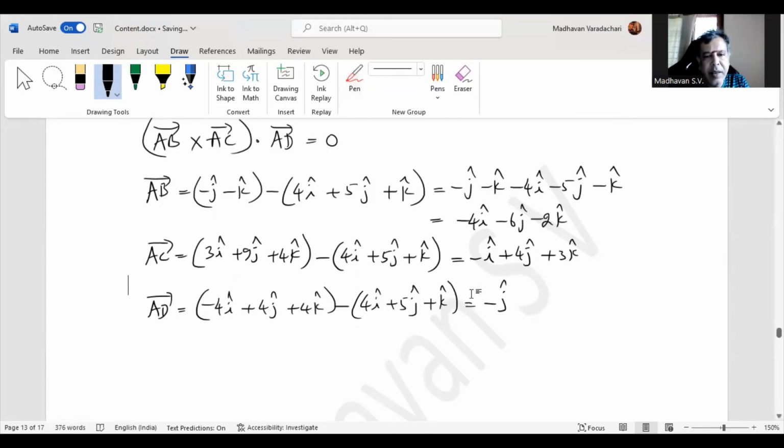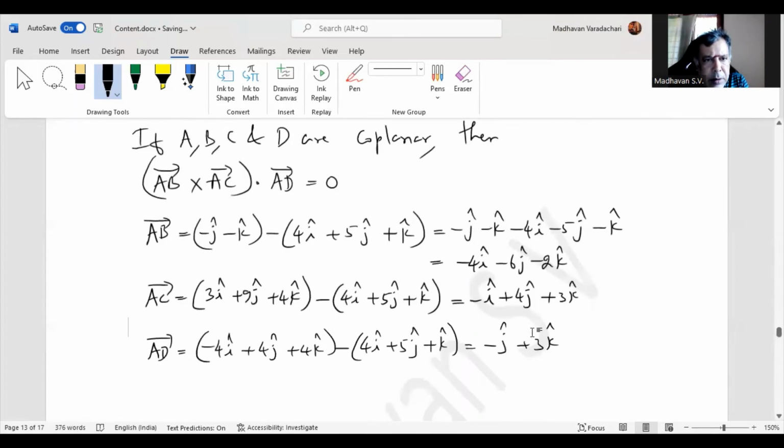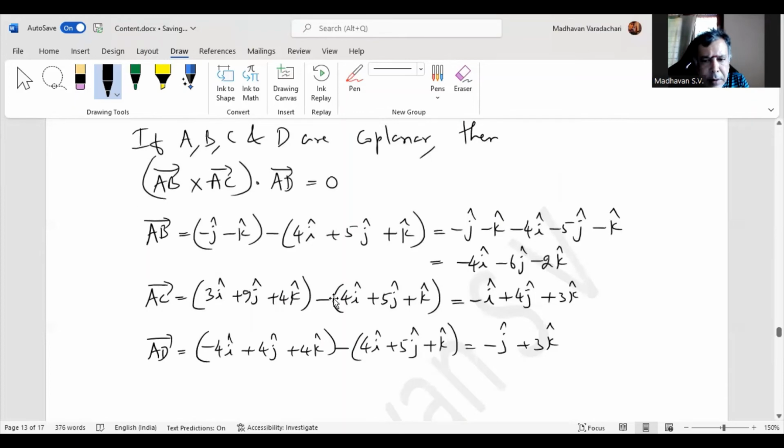And then 4 k cap minus k cap will become 3 k cap. Oh, sorry. I think I made a mistake here. This should be minus 4i minus 4i. It becomes minus 8i. Minus 8i cap minus j cap plus 3k cap.